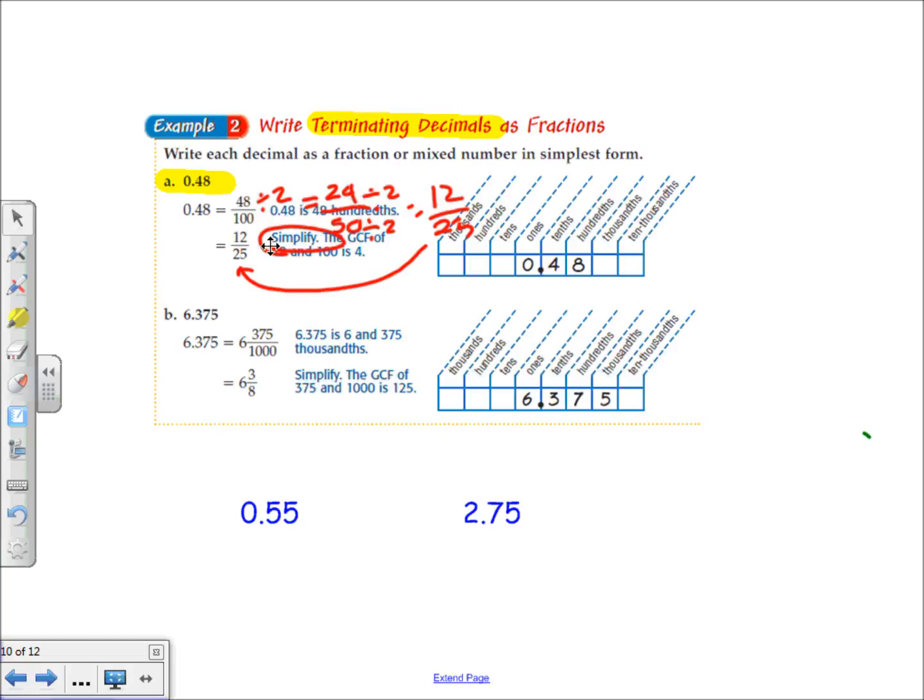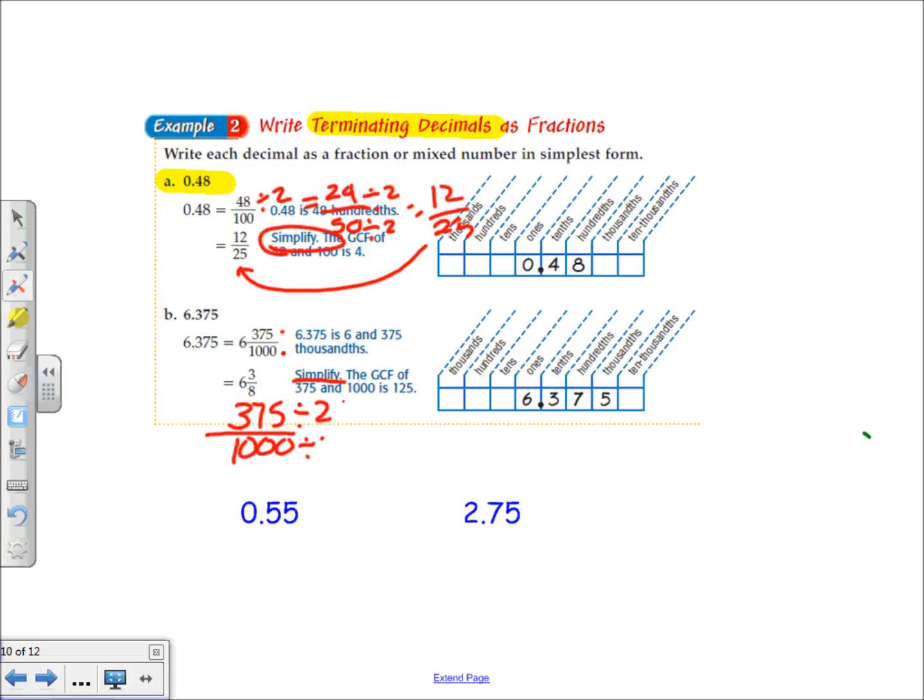6.375. 375 thousandths. Listen to what you're saying. 375 thousandths. So 375 is our numerator, and thousandths is our denominator, 375 thousandths. Again, you'll have to simplify this, and you take this 375 over 1,000, and you keep dividing it so you can't divide anymore.